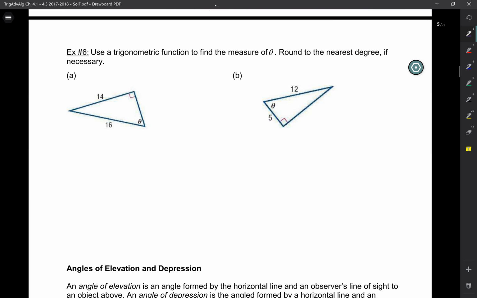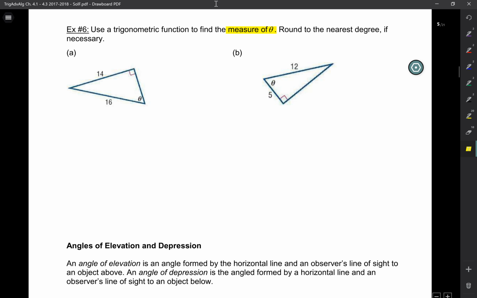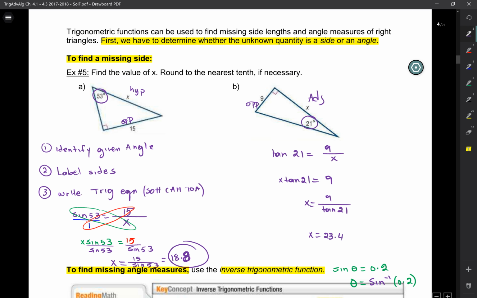All right, using what we just learned, let's find the measure of theta here. Remember, you're looking for an angle, so we're going to have to use inverse trig functions. It says round to the nearest degree. The process is the same. Just like I did in the beginning, you identify the given angle, you label the sides, and you write a trig equation.